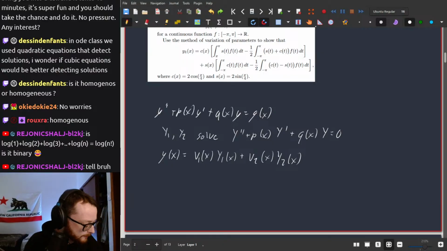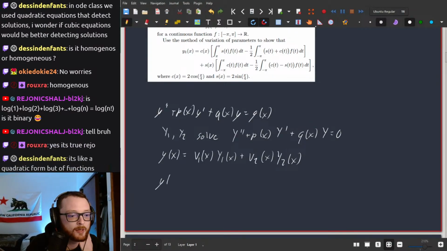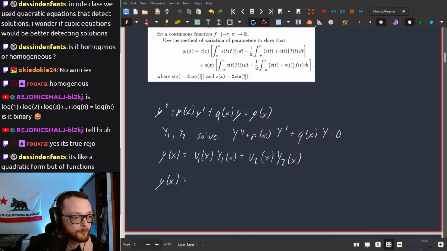And so if you take a bunch of derivatives and substitute things in, you end up with basically an explicit formula for the solution.